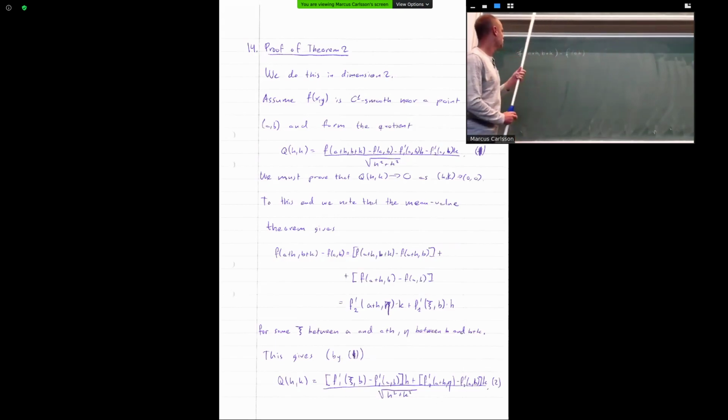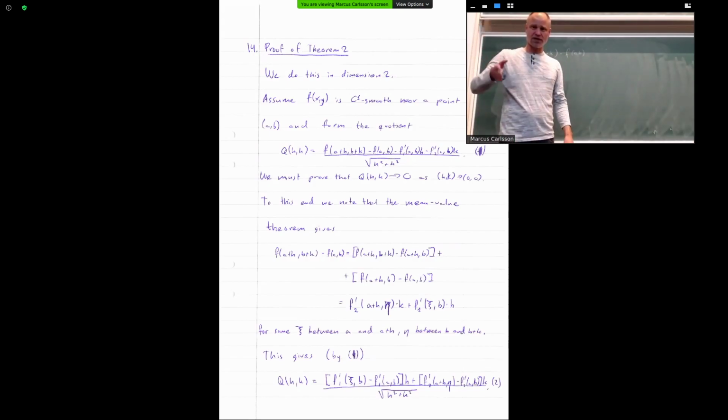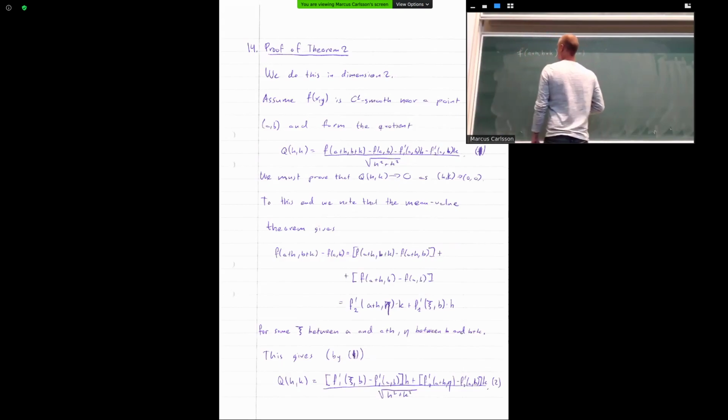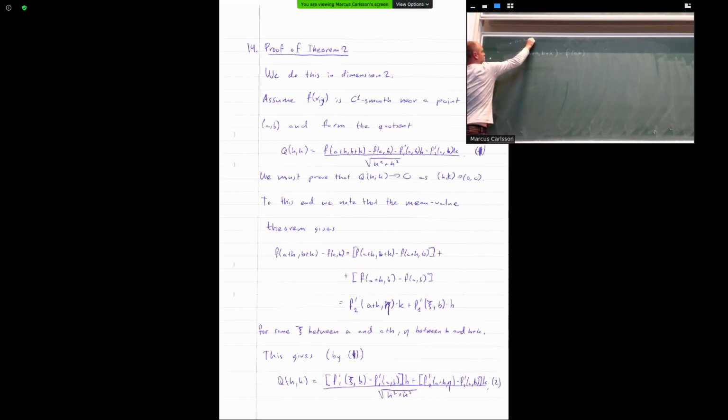So how do we do this? We have partial derivatives to work with. They work only along the x and y directions. But here, again, I just have my point (a, b) and my point (a+h, b+k).